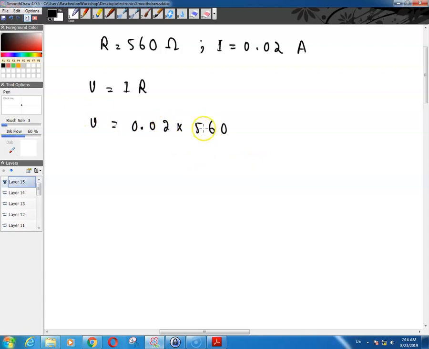That is 560 times 2, with 2 decimal places, so 1 decimal place, 112, which gives 11.2, so you get 11.2 volts. V is equal to 11.2 volts.